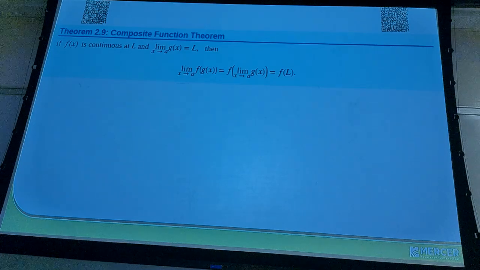If f of x is continuous at L, and the limit as x approaches a of g of x is equal to L, then the limit as x approaches a of f of g of x is f of the limit of g of x, which is f of L. This theorem is what will allow us to use direct substitution for any continuous function.